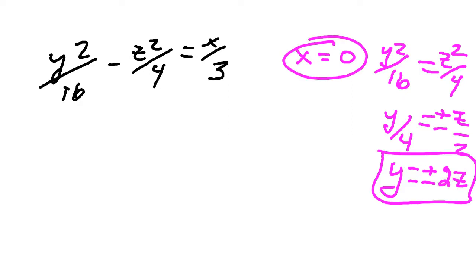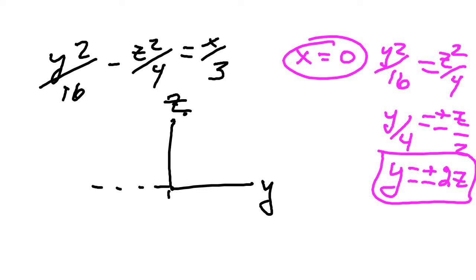This is a cross section. On a cross section where x is 0, I'm on the YZ plane, and I get that y equals plus or minus 2z.